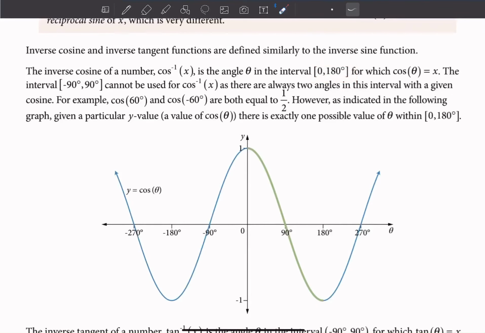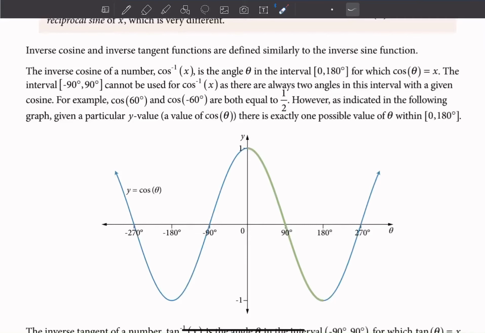So instead of trying to remember all of these, let's just see if we can figure this out and why they've done this. Basically, we need 2 points. Here's our normal cosine function. We need 2 points that we can pick, so that for every y value there's only one x value.